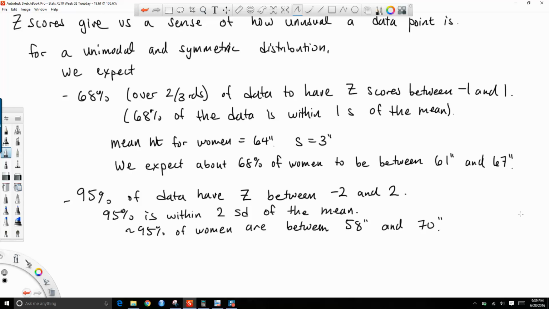And then nearly all, so 99.7% of the data have Z's between -3 and +3. So what does this mean?